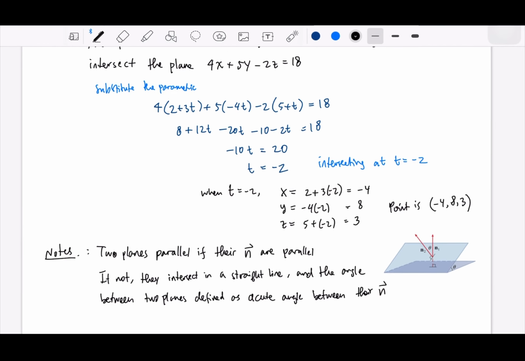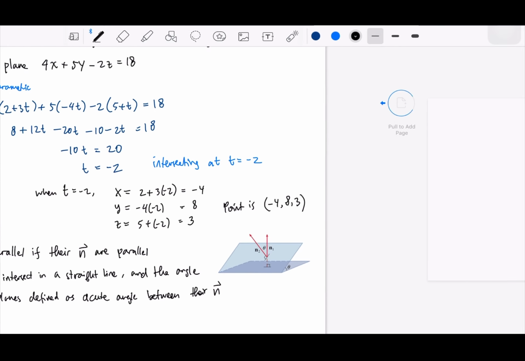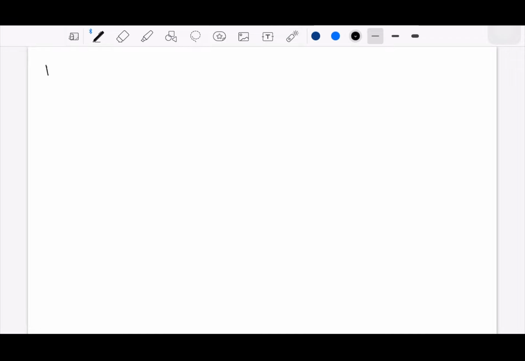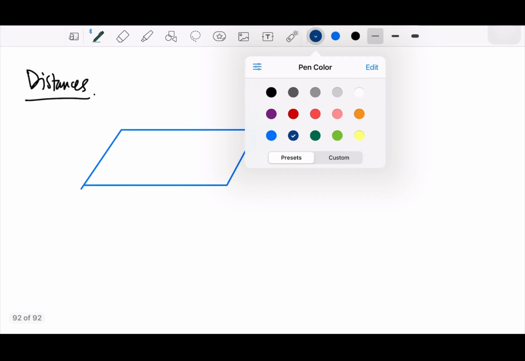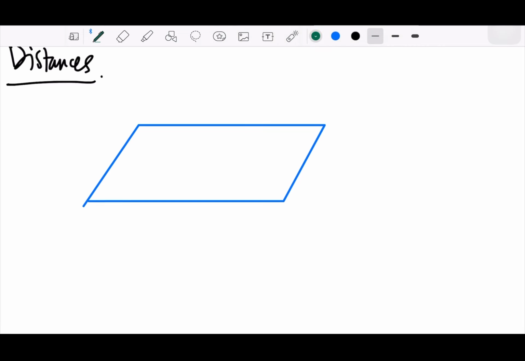Okay, to find the distance, if we have a plane, for example, so if this is the plane, let's set up some vectors.